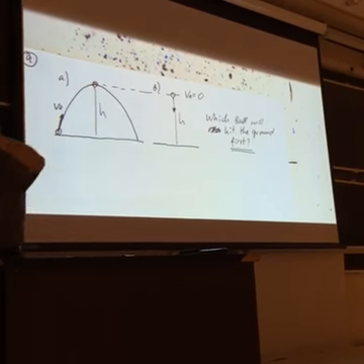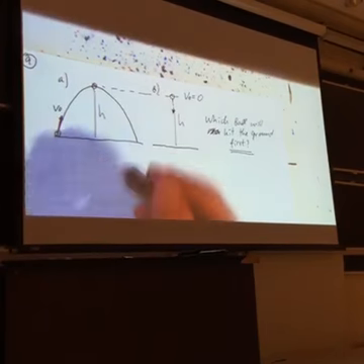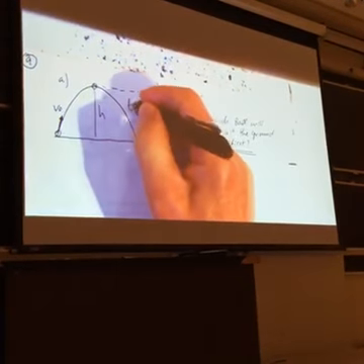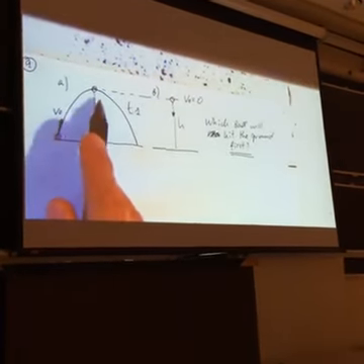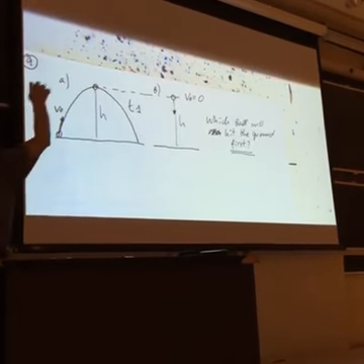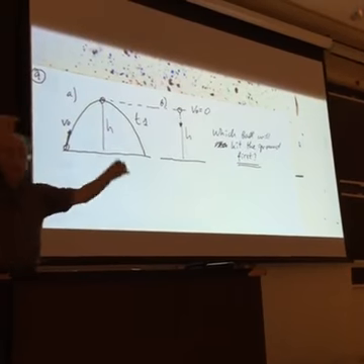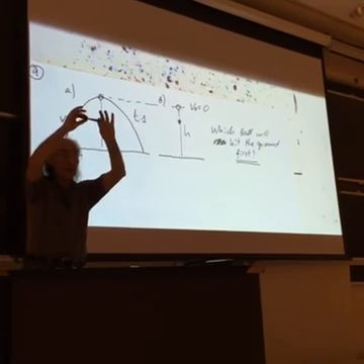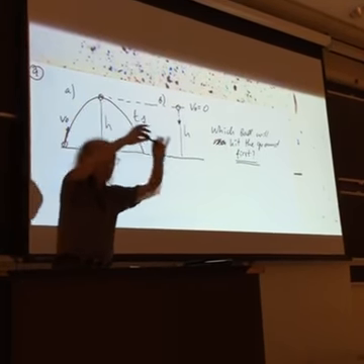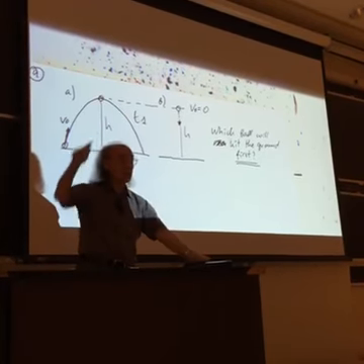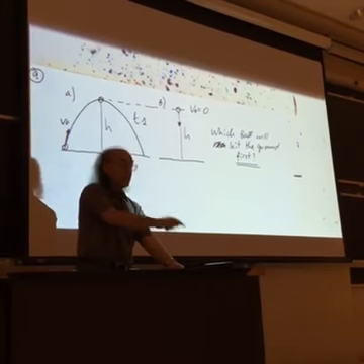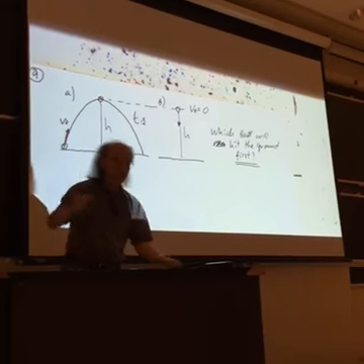Now consider two things. The time for this first object to go from the highest point to the ground. It reaches highest point, 0 time. How much time does it take for this object to hit the ground from the highest point when it is thrown at a certain angle?